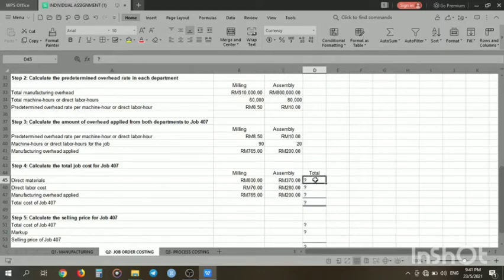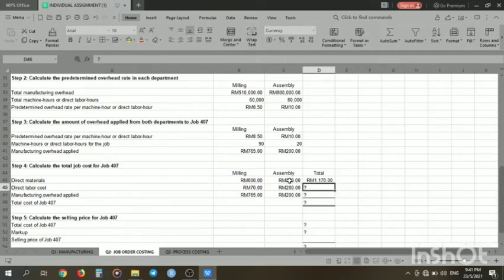So the total, we just sum up the total of direct materials for milling and assembly. Same goes with direct labor costs for milling and assembly.